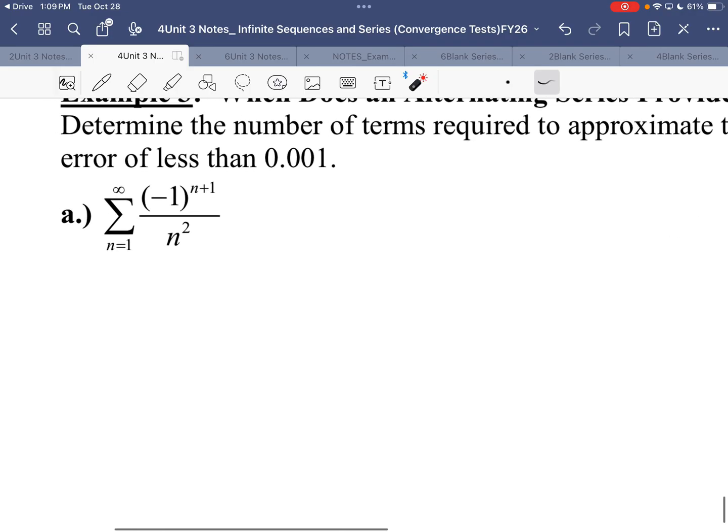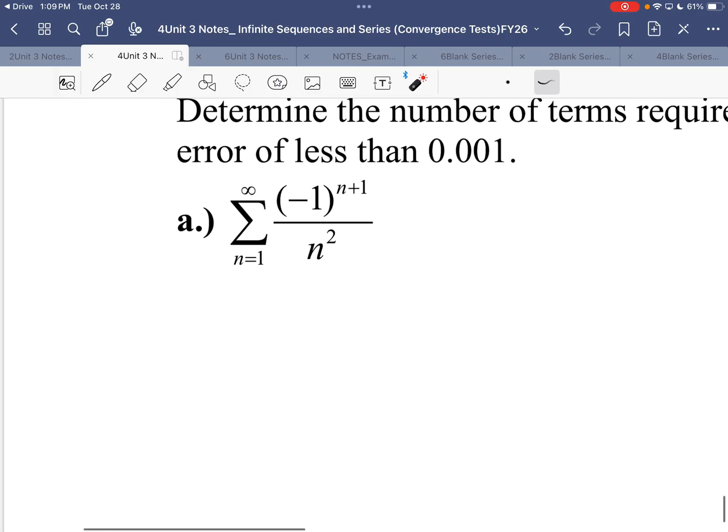First, you can confirm that this is a convergent alternating series. Is its limit equal to 0? Yes. Is it decreasing? Yes. It's also absolutely convergent because p is bigger than 1. But that's not what it's asking us.